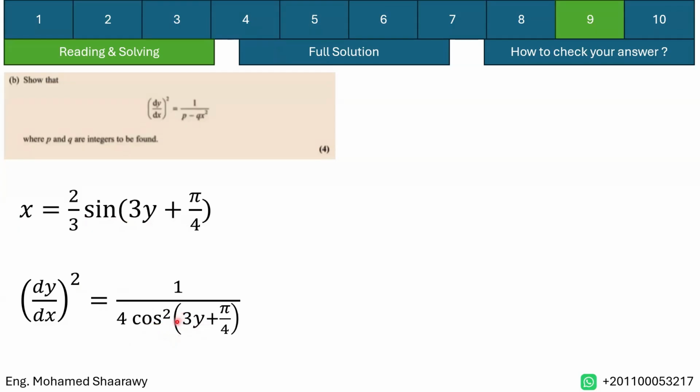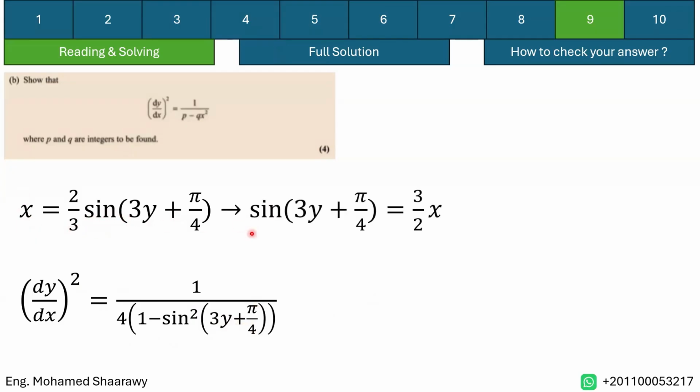Actually, cosine squared is the same as 1 minus sine squared, sorry. And now I can replace this sine 3y plus pi over 4 as 3 over 2x, because I can get the sine subject here. So if I try to make the sine subject here, it will be 3 over 2x. And now I can replace this sine by 3 over 2x all squared.